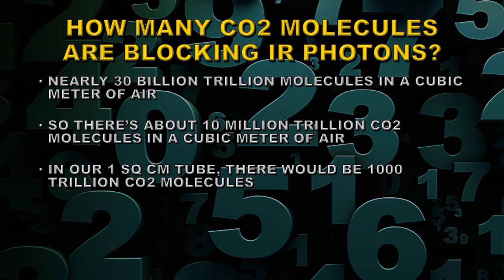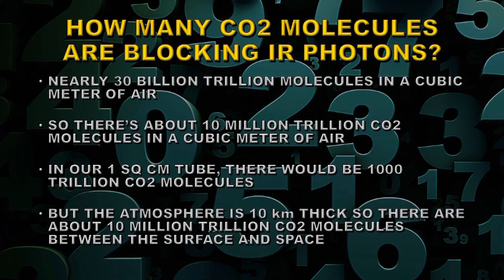Now that's an awful lot of carbon dioxide molecules, but we aren't finished yet. The atmosphere, if it was of uniform density, would be about 10 kilometers thick. So when you multiply that 1 meter by 10 kilometers, you end up with 100 million trillion carbon dioxide molecules between the surface of the Earth and space. They're all getting in the way of those IR photons trying to escape.